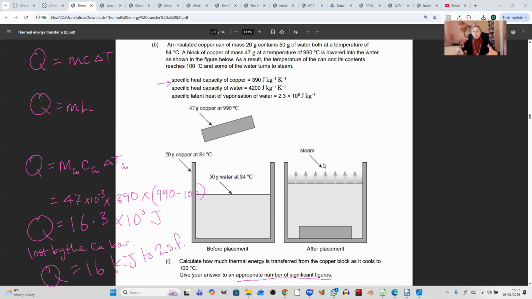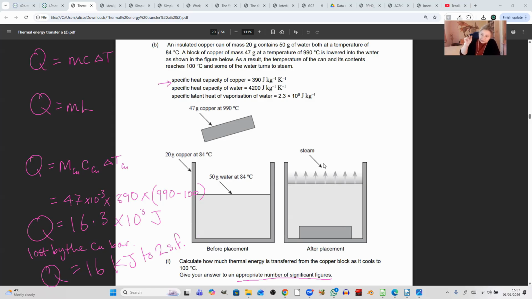The copper's losing energy, so that energy has to go somewhere. It's heating the water and it's heating something else, the can, and it's also turning some water into steam.